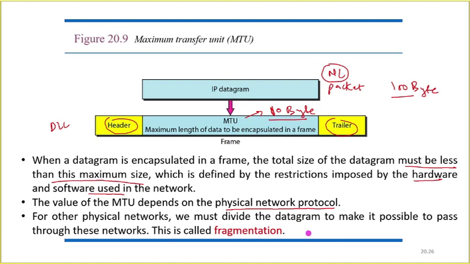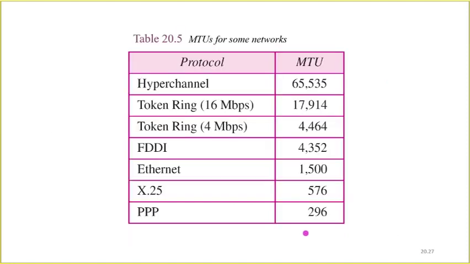So how will this fragmentation be done? Here some MTU values for different networks are given. For hyperchannel type protocols, the MTU value is 65535. For token ring type protocols, the MTU value is different.